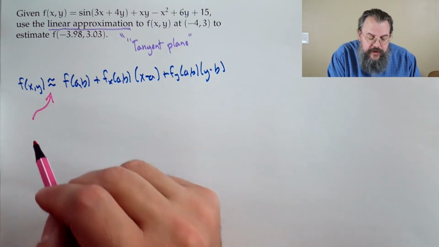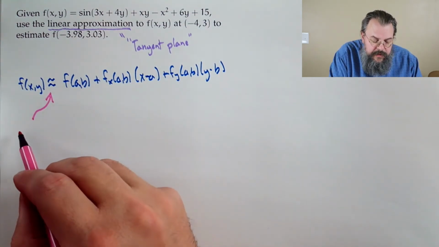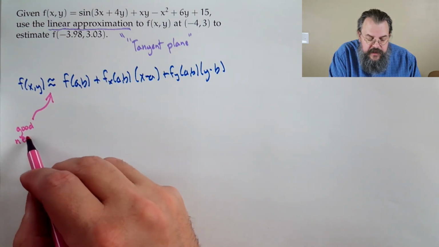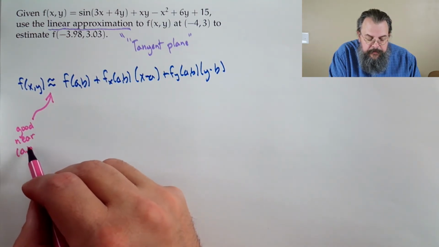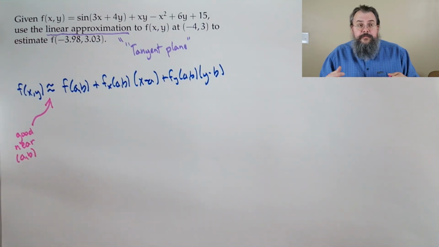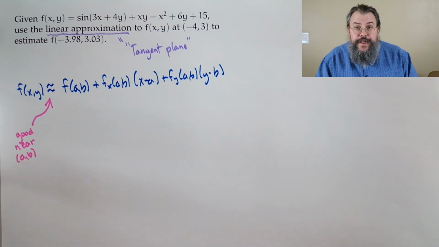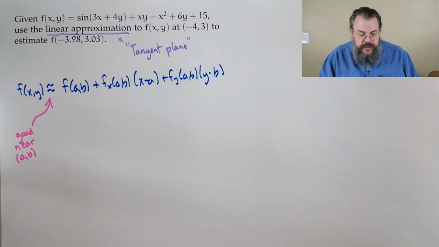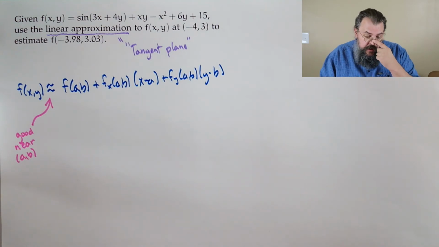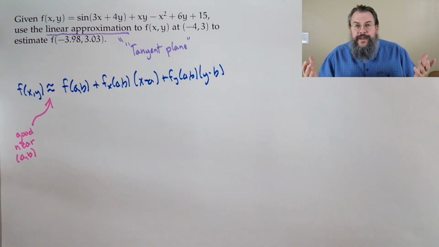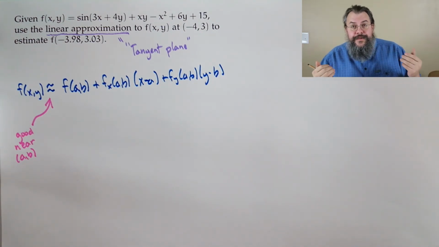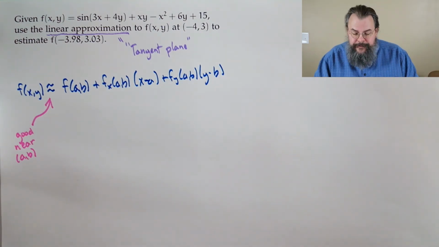This approximation is good near our point of tangency, so near a, b. So our tangent plane looks like our function nearby. All right, that's not so bad. In essence, we just have to find the tangent plane, plug in the points, and we'll be done. So let's do it.